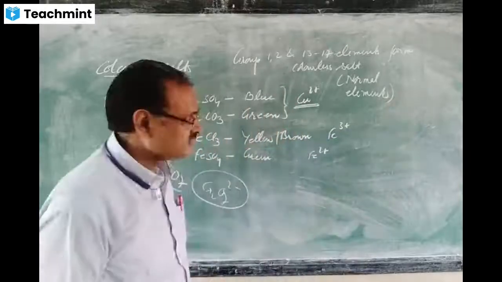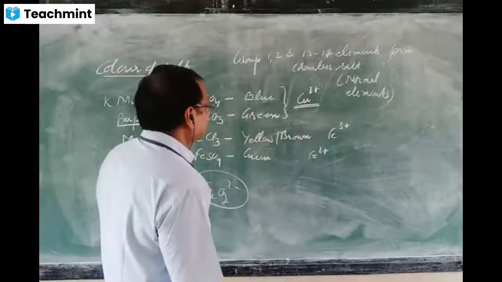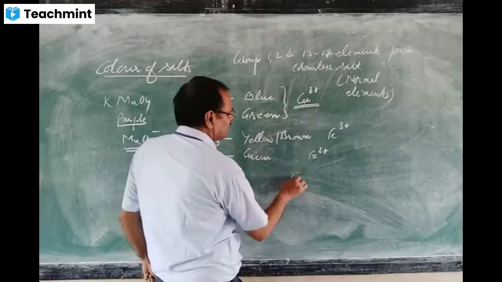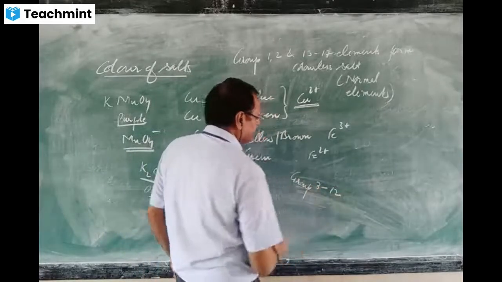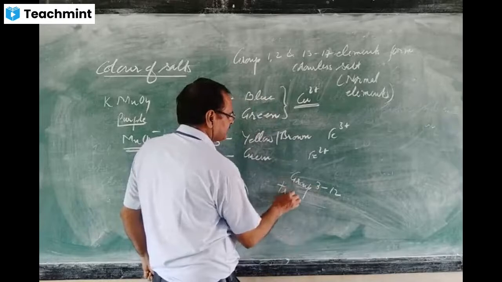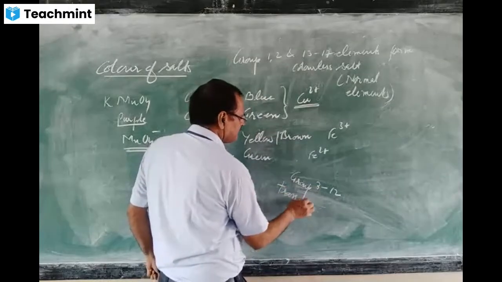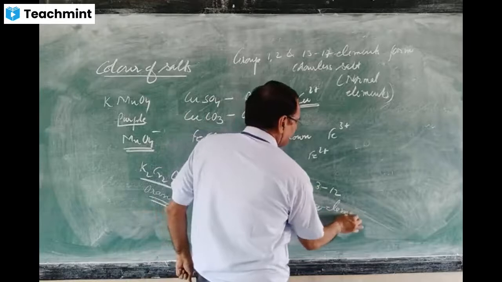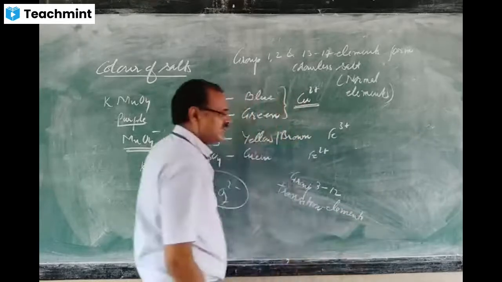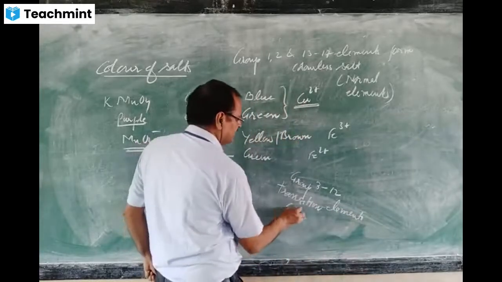Next, that colored, you know that group 3 to 12 are transition elements. Transition elements, they will form colored salt.